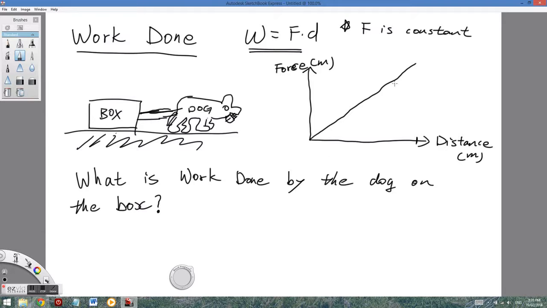Okay, the answer to that is quite simple. It's actually just the area under the graph. Now the area under the graph. So just remember the area under the graph.